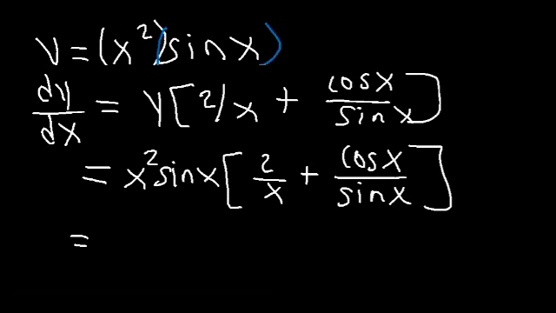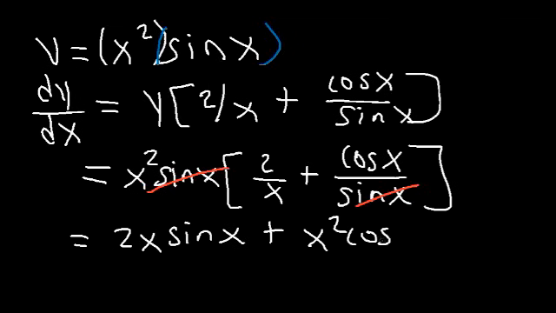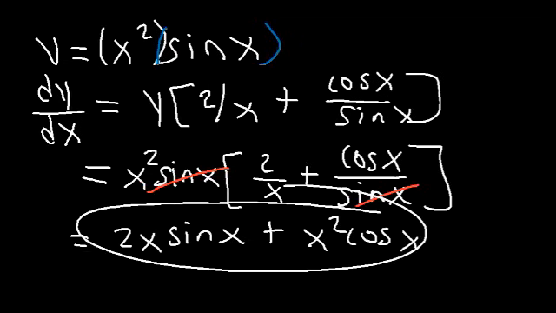So it simply will be 2x times sine x. Now once we multiply x squared sine x and cosine x over sine x, we can see that sine x will cancel, and it's just going to be x squared cosine x, which is the derivative using product rule. This is the same exact answer that we have, and we could take out an x if we want to.